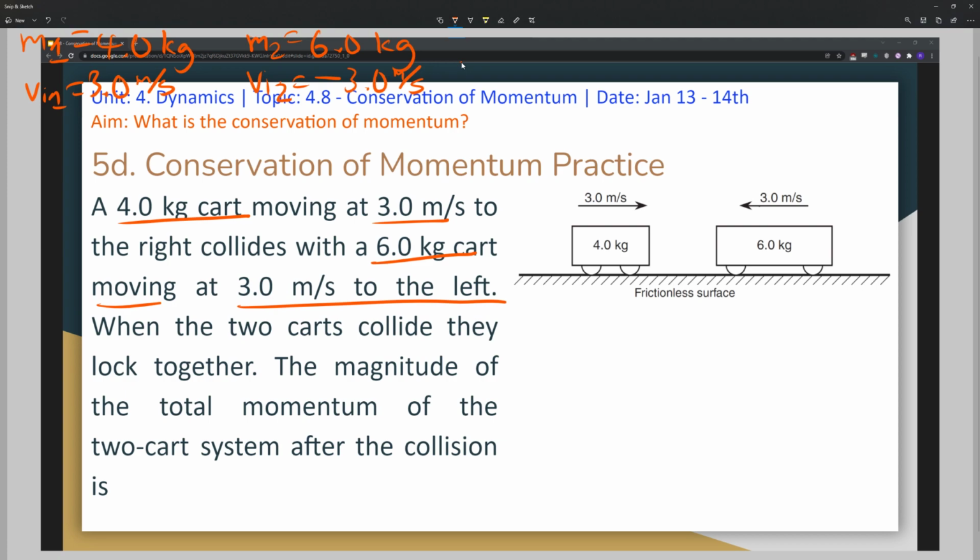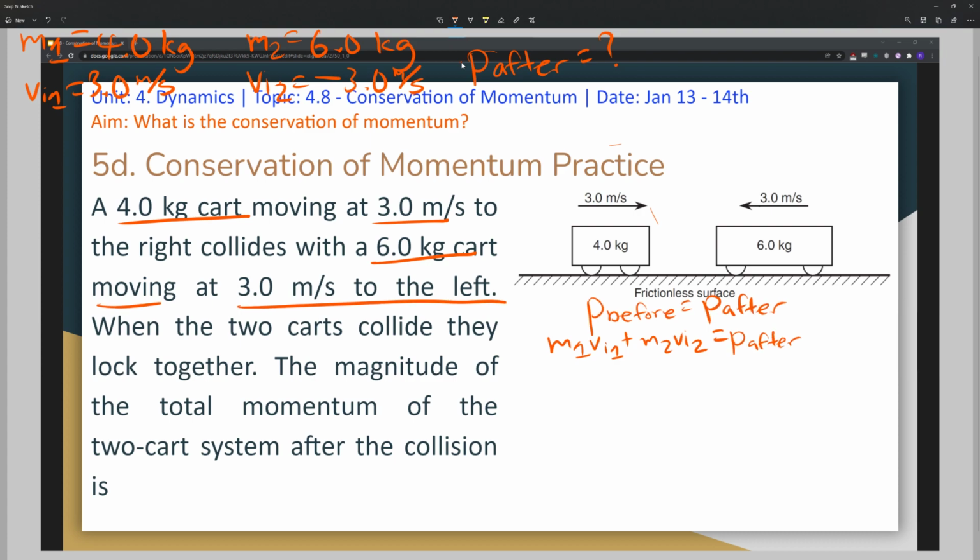So the magnitude of the total momentum of the two cart system after the collision is what? So they're looking for your total momentum after the collision. Well, this makes the problem a little bit easier because now we don't have to separate the right hand side, right? So the momentum before a collision is equal to the momentum after a collision. I'm just going to go straight to it. Mass 1 times initial velocity of object 1 plus mass 2 times initial velocity of object 2 is equal to your momentum afterwards.